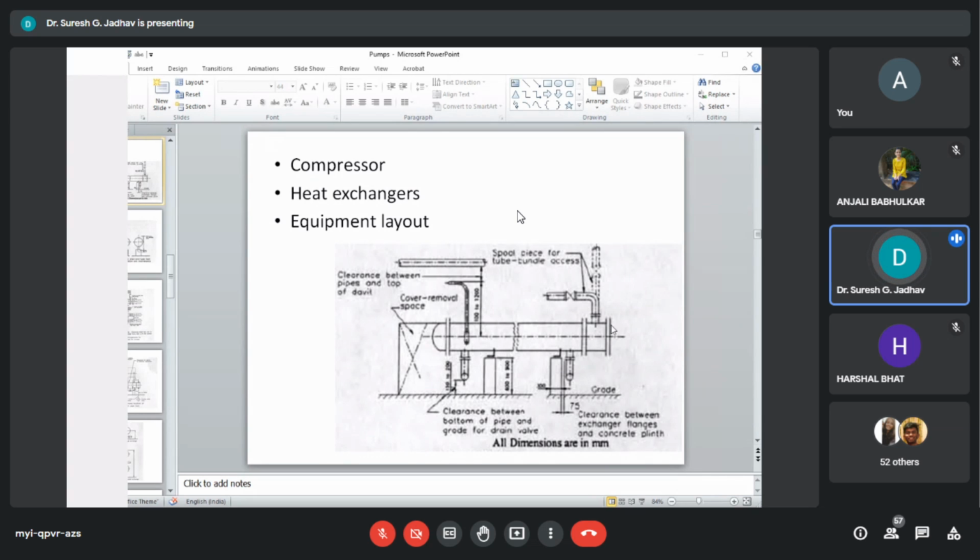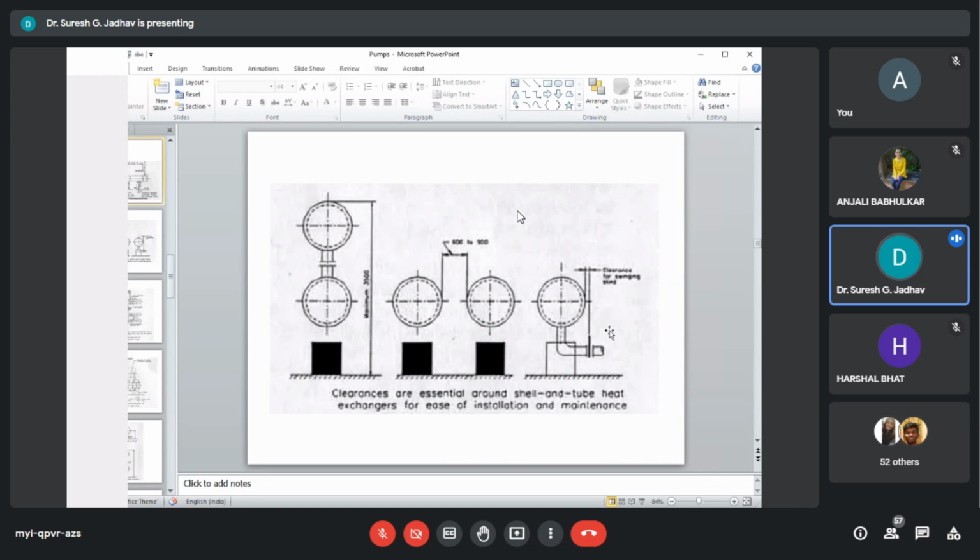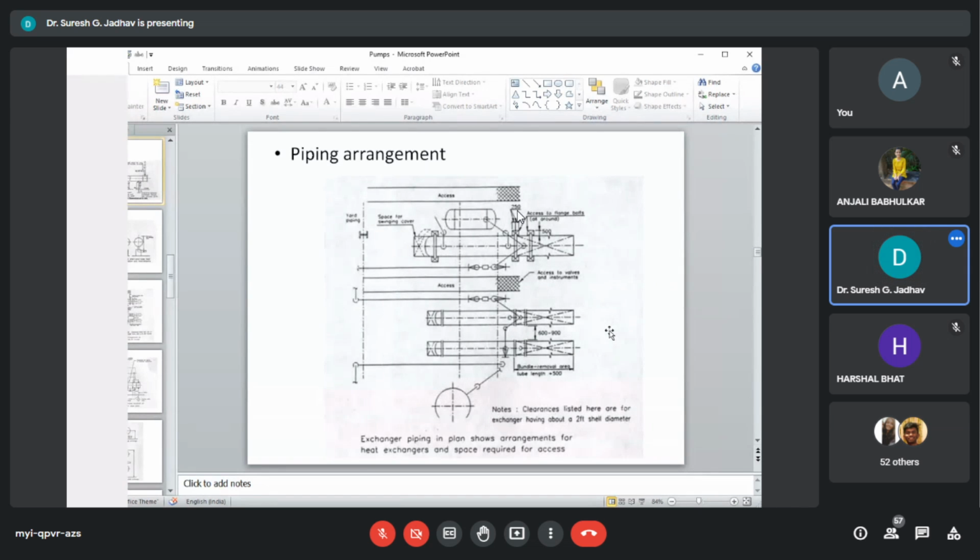Now see the standard dimensions related to heat exchanger pipes. These are the standard piping arrangements given. Based on that, alterations can be suggested in order to achieve optimum piping arrangements. Consent from the process group is required to ensure that these will not affect the thermal design of the heat exchangers.